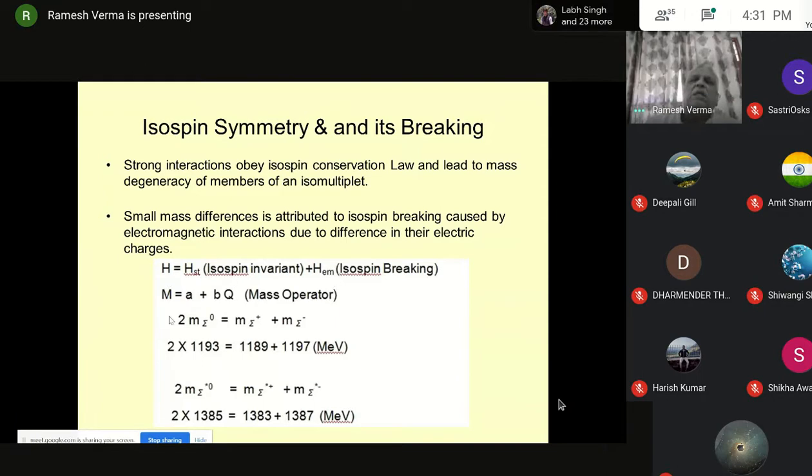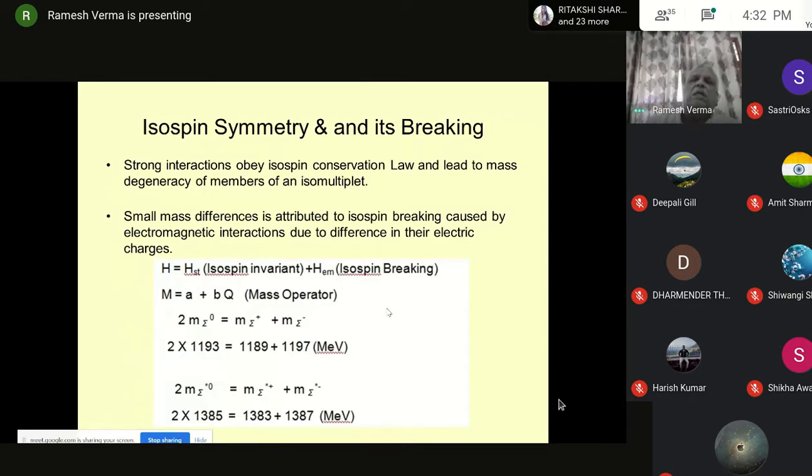So this will give you the mass operator, that is M equals a plus b I3. We don't know a, we don't know b, because we will know a and b only if we have a proper theory of strong interaction. So, pretending that we don't know, even if we know a bit now, what do we do?